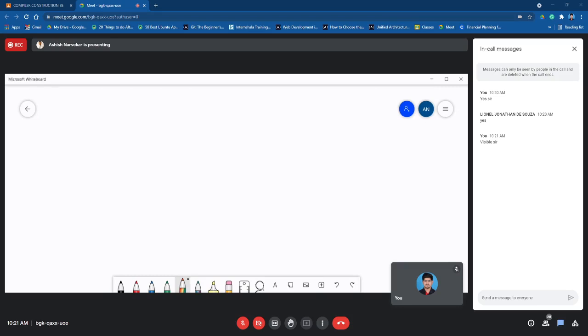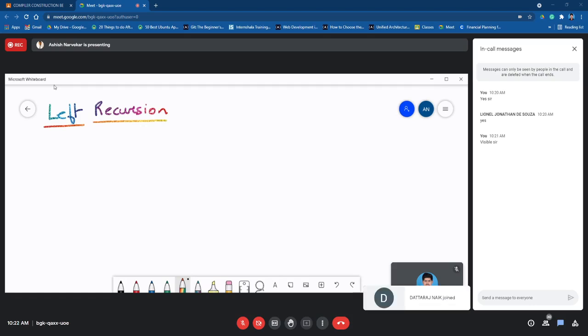Okay, as I said, today we'll begin with something called as left recursion. Right now, whatever we are discussing is under the main topic header of context-free grammar.